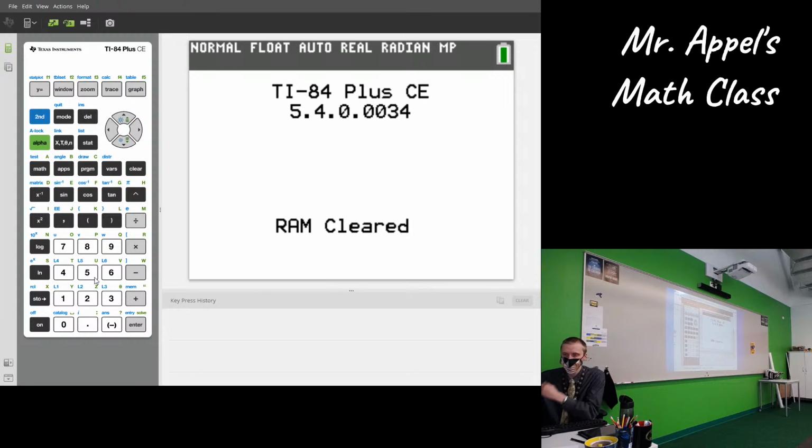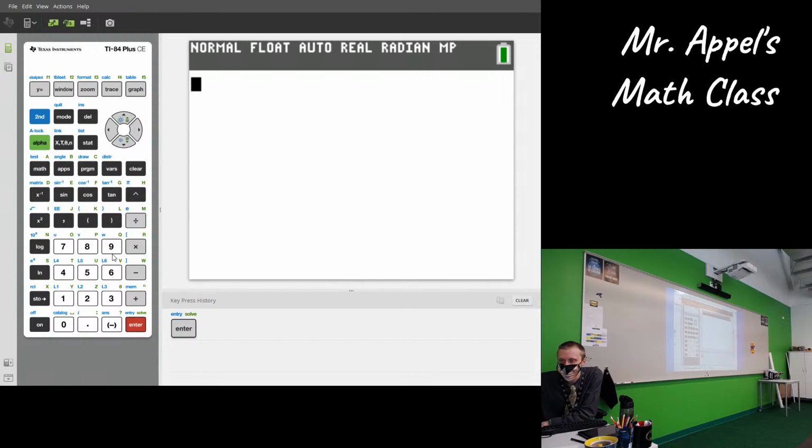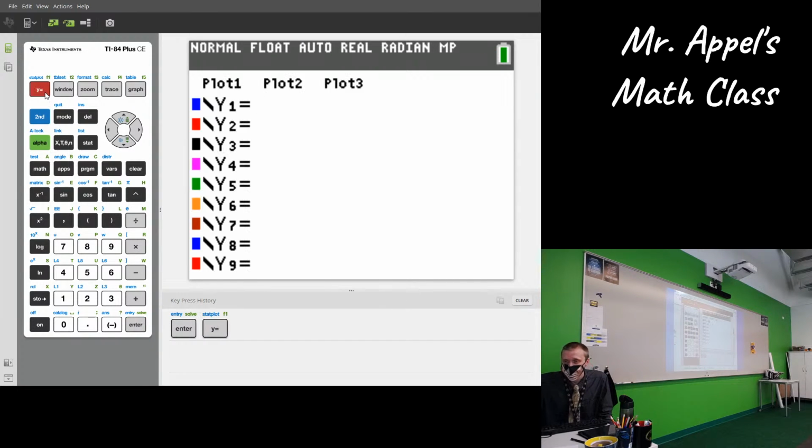So on your calculator, from the home screen, we're solving via graphing. So clearly, we need to graph. So we're going to go to the y equals. I am going to pull up one here. We'll just do example 2 from the text.